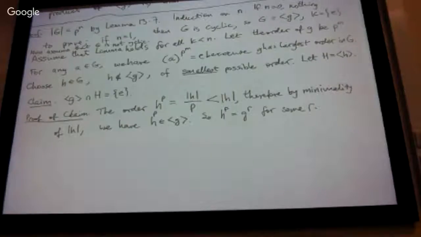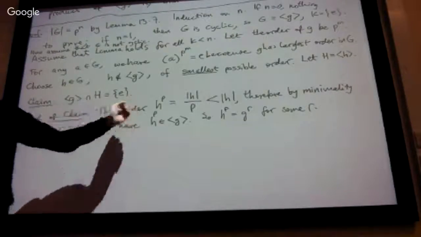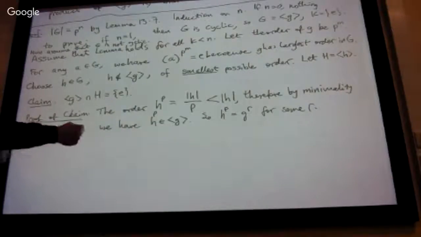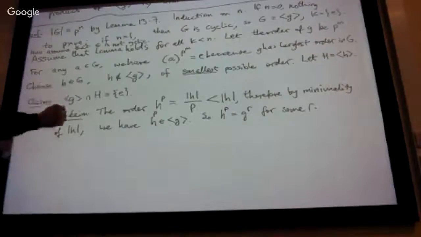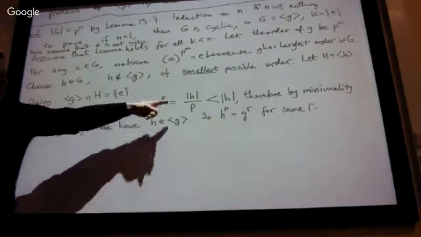So if I take h, I have to take it to a power of p to get the identity, because we're in the p-group. I have to take it to some p to the k. If I take h to the p, I've already done p of them. So if I keep repeating it, I have to repeat it this many times.